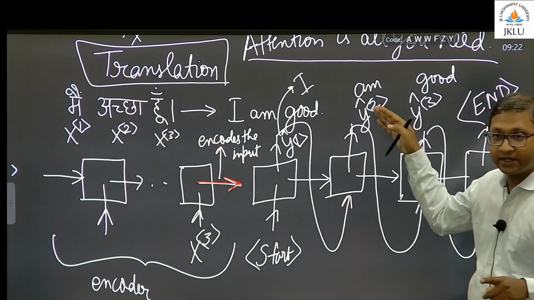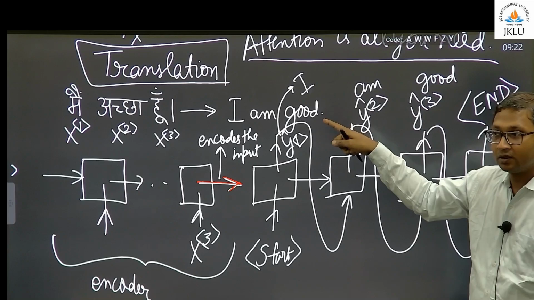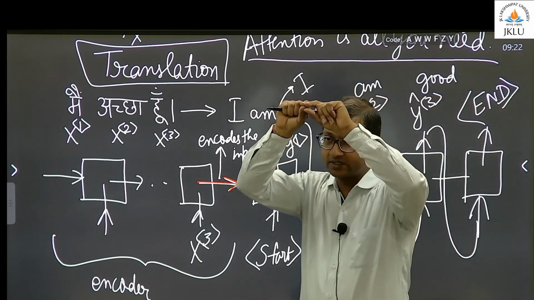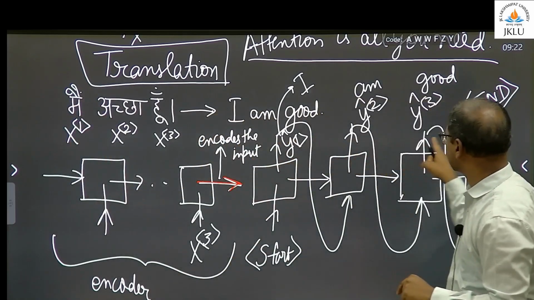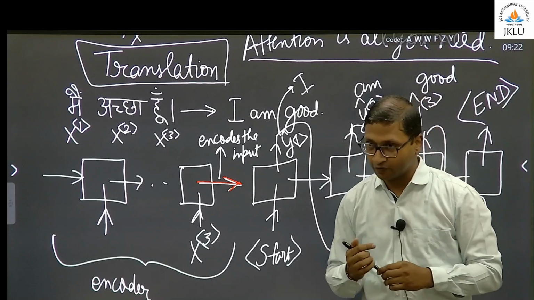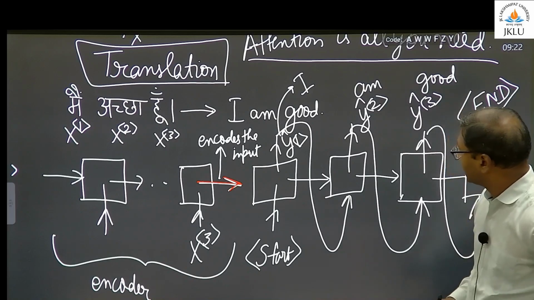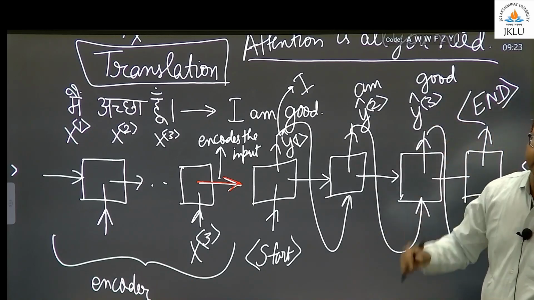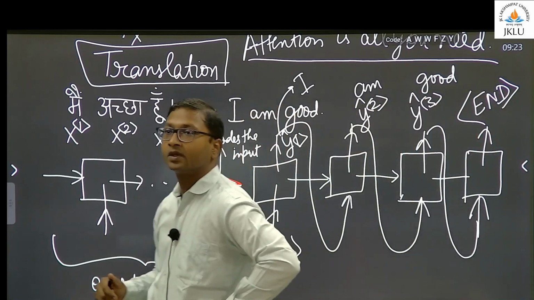What you output here is, in some sense, word embeddings of the target language, but we do it as a distribution over mod V, where V is the vocabulary size. Now, what's wrong with this?